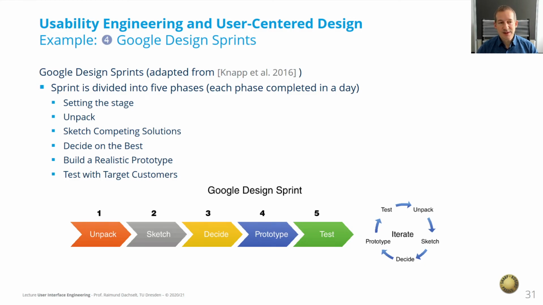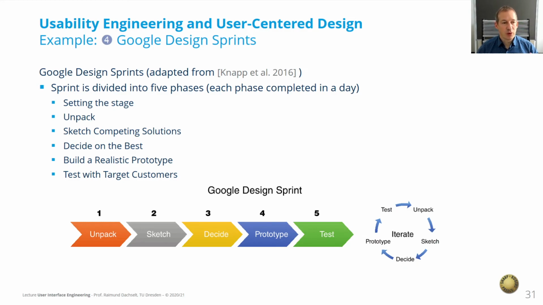Ideally, you use at least 5 customers, and you learn from their interactions with that prototype, and then, of course, from their reactions and feedback. And you see that this is again an iterative process, so you can do that several times.